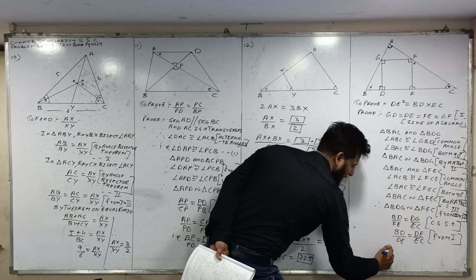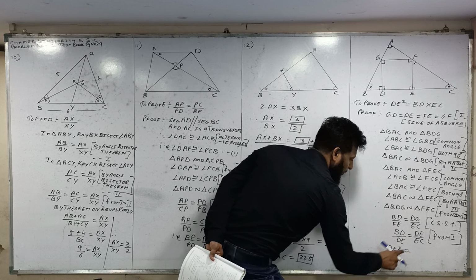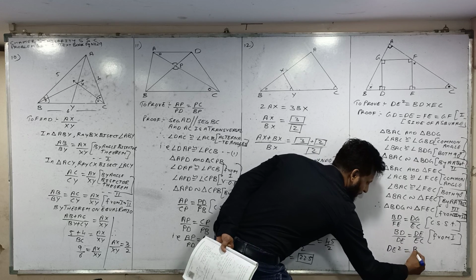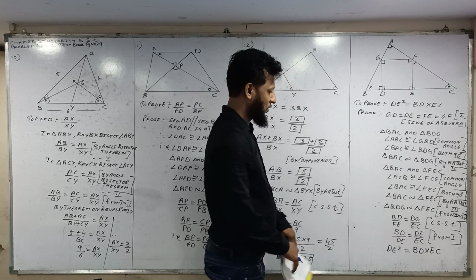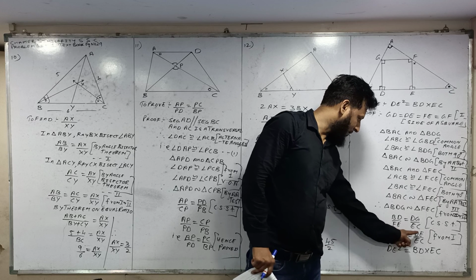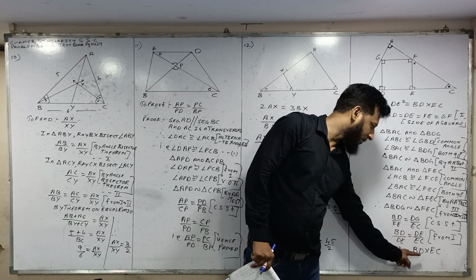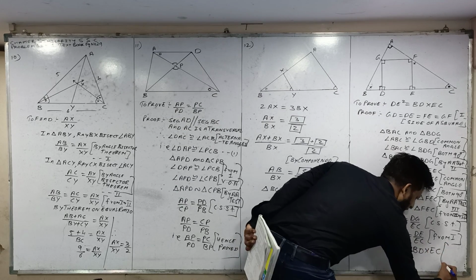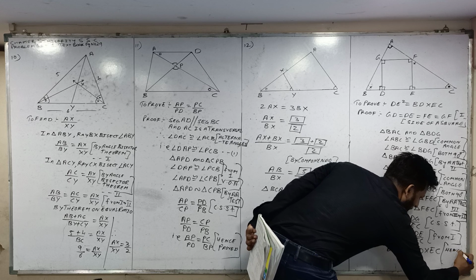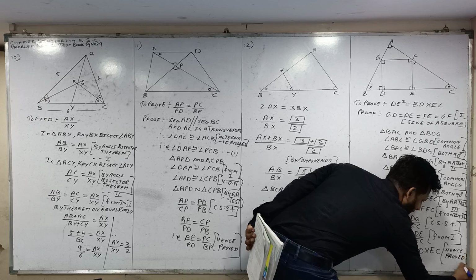So DE into DE, DE square is equal to BD multiply by EC. Hence proved. So we have done all the problem set sums.